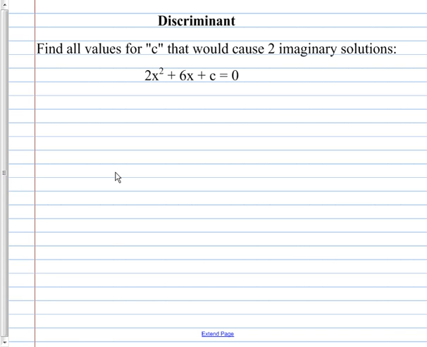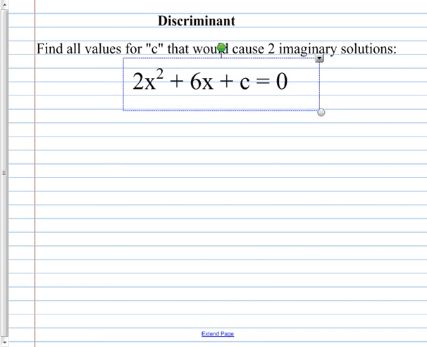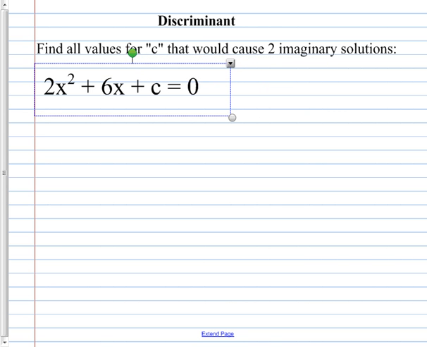So in other words, if I've got this little equation and I want to know what c value would force this thing to have two imaginary solutions, all we have to do is set up our discriminant equation and find what c would equal to make it be whatever relationship with 0 we want it to be. So, for example, I want two imaginary solutions. That means I need my discriminant to be less than 0. That will cause the two imaginary solutions.